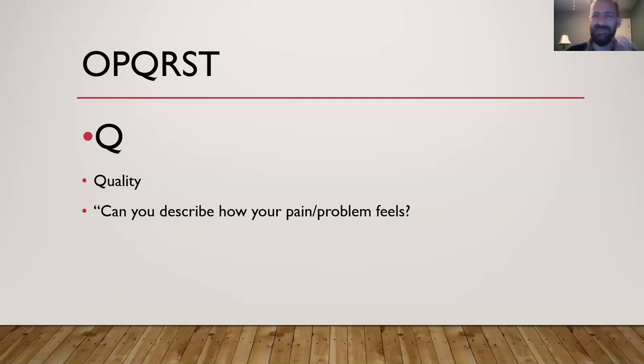So this isn't asking for symptoms. People can get that confused. We already know what the symptom is, so we're asking how that feels to them. So let's use pain here. Pain is a very easy one to understand, but it's not the only thing we can ask for quality.